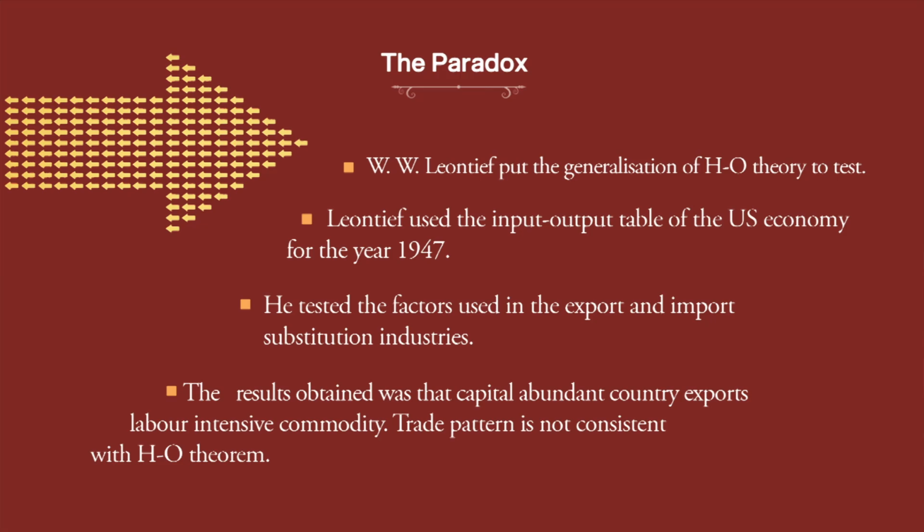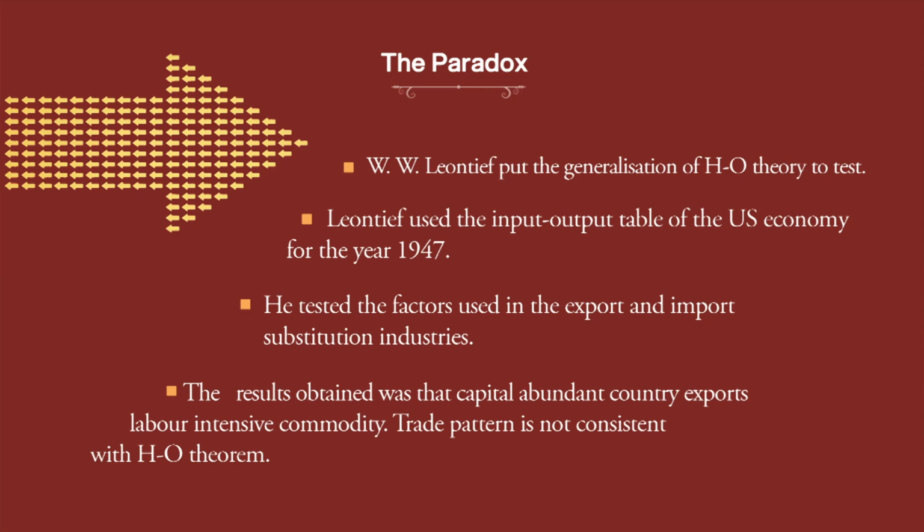Now, what he did, he considered the 1947 input-output table of USA, and he considered the export and import substitution industries. Why did he consider the import substitution industries? Because the data of factor inputs in the import was relatively hard to find. The foreign data was not available.